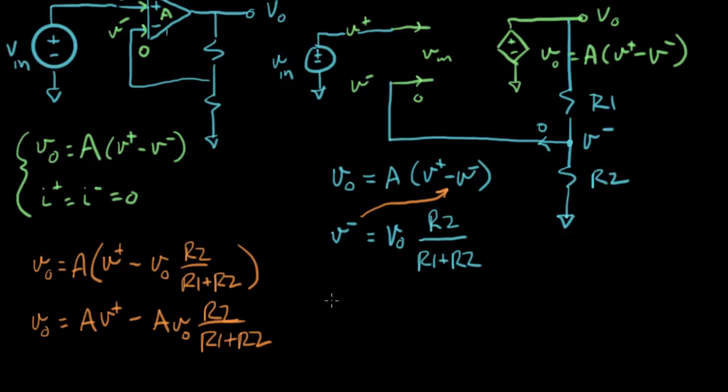That gives me V naught plus A V naught times R2 over R1 plus R2, and that equals A times V plus. And actually, I can change that now. V plus is what? V plus is V in.